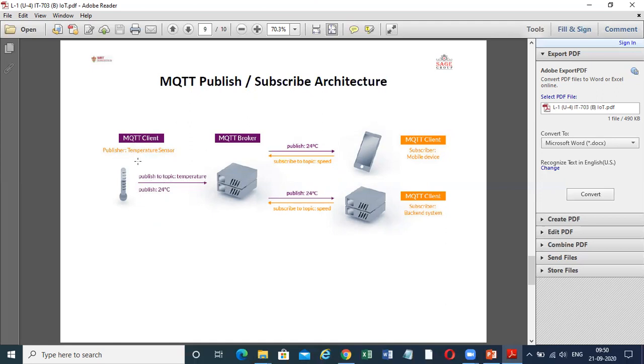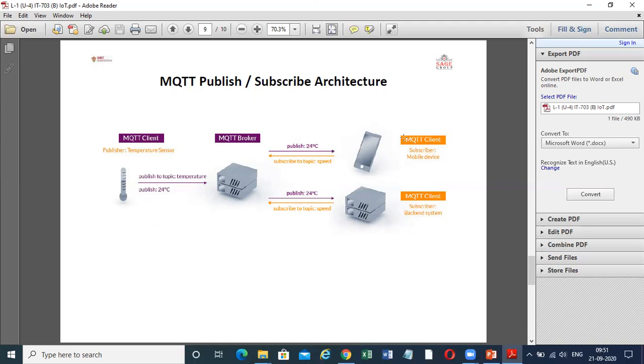From where has the data been published? From the temperature sensor. This is the MQTT client. It published the data. Here is the MQTT broker. The broker publishes the data according to the topic as required by the client, that is the subscriber.